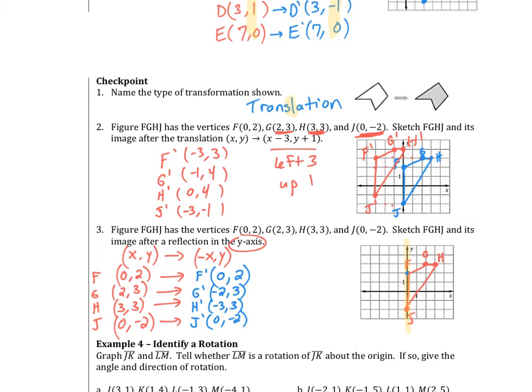Since G is 2 to the right, let me use a highlighter. G is 2 to the right. To flip it, you would go 2 to the left. So your G prime is going to be right here, 2 to the left. Your H is 3 to the right, so your H prime would be 3 to the left because you're flipping it to the left. So when you connect these, it's going to be like a mirror image when you flip it over that y-axis.